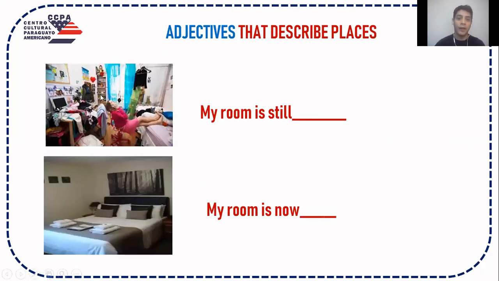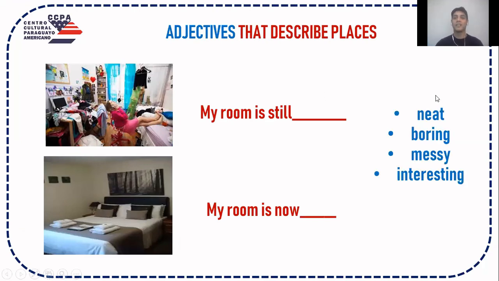Then we have the room. Yes, it can be your bedroom, and you have another bedroom, but they are opposite. They are using opposite adjectives. So we have neat, boring, messy, and interesting. So my room is very good, messy.